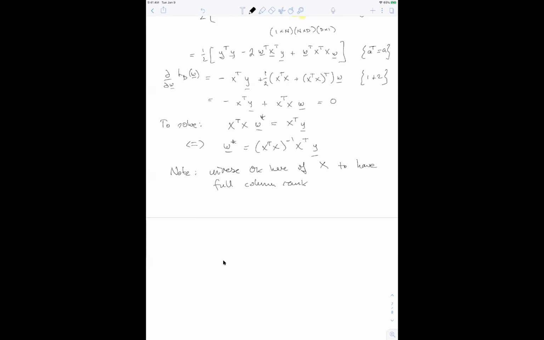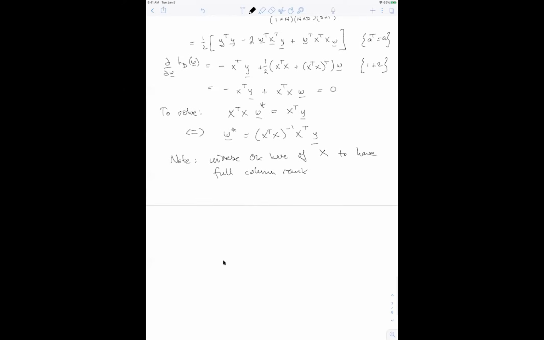Okay. Next thing I'm going to say is out of scope, but if you're curious why the full column rank of X lets that be invertible, you can argue relatively easily that it makes X transpose X into a positive definite matrix, and positive definite matrices have inverses. That's kind of out of scope, I think.